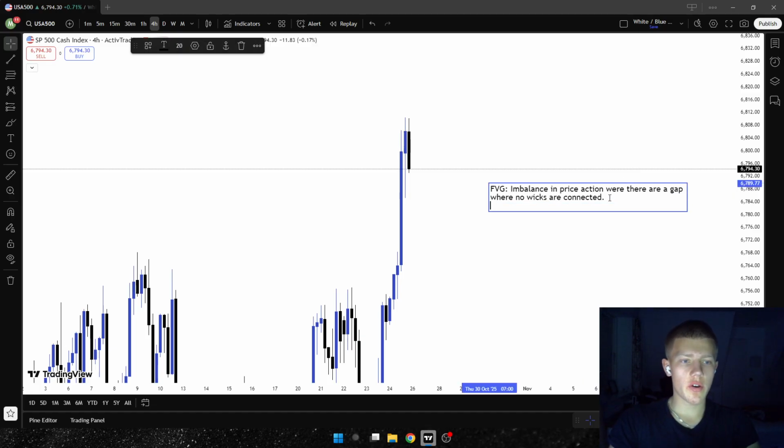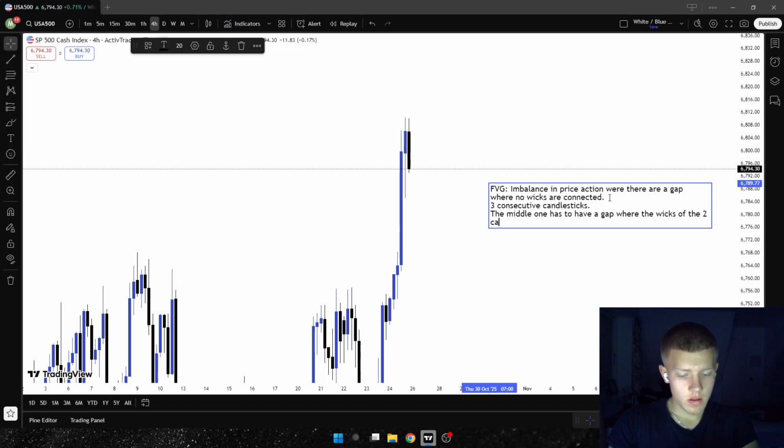So in order for us to locate a fair value gap, we need to look at 3 consecutive candlesticks. The middle one has to have a gap where the wicks of the 2 candlesticks on each side of it are not connected.